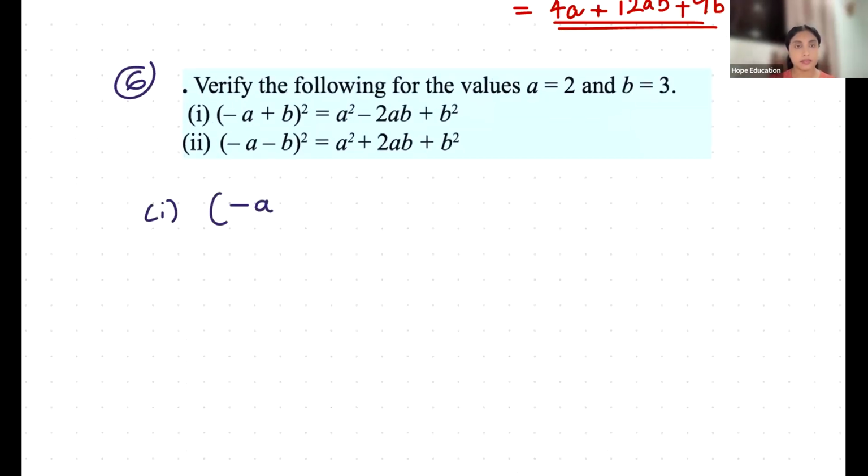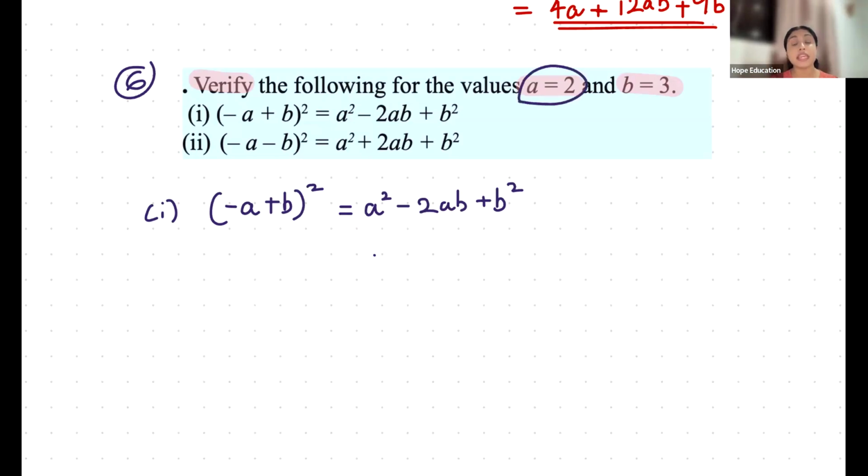Minus A plus B squared equals A squared minus 2AB plus B squared. We have to verify this for the values A equals 2 and B equals 3. When we are verifying, when we are checking it now, they say this is equal, no? We have to confirm whether they are equal or not using these values. Instead of A, I have to use 2. Instead of B, I have to use 3. Just rechecking, okay?